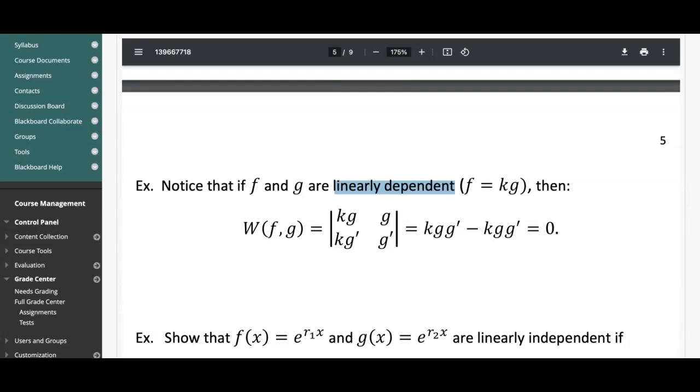We emphasize linearly independent. We like linearly independent, so we say not linearly independent. So if f, g are not linearly independent, this is saying one can be represented by the other, or that's just a multiple by a scalar. Then the Wronskian equals 0. Okay, David, that's how we use the Wronskian. You're welcome.